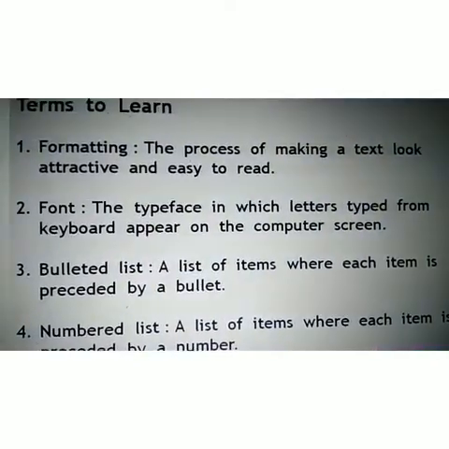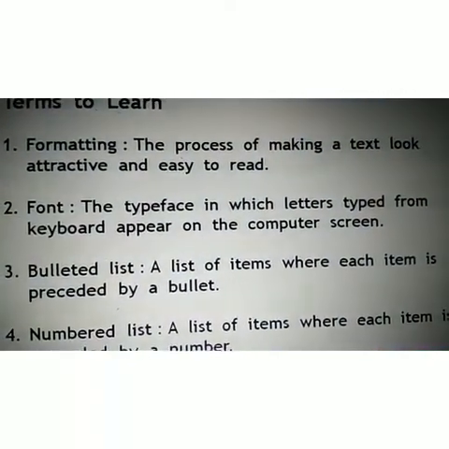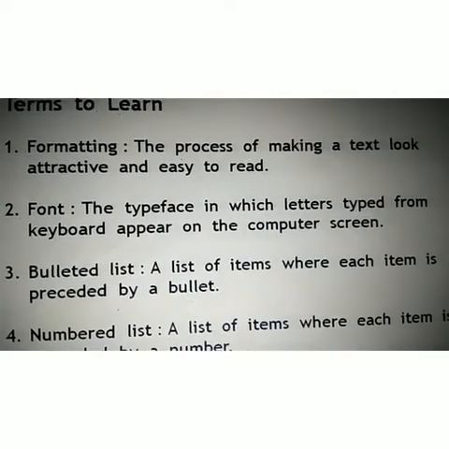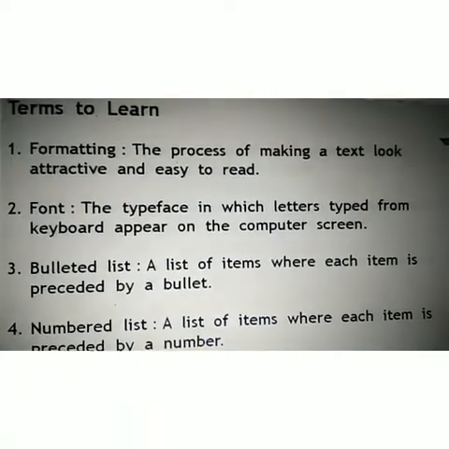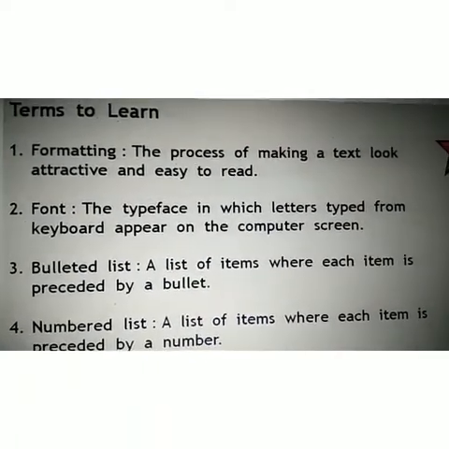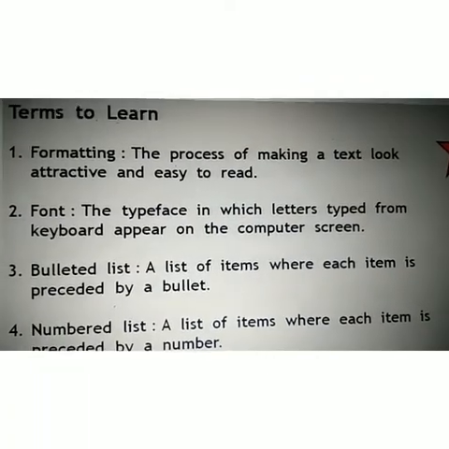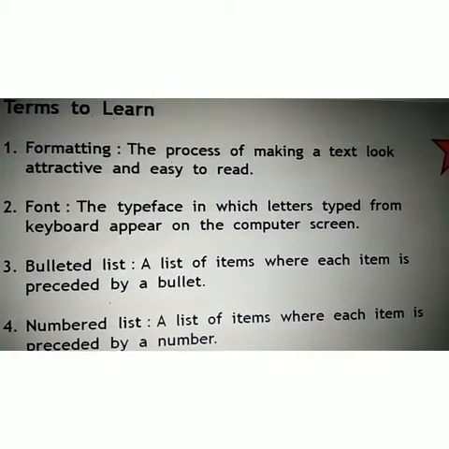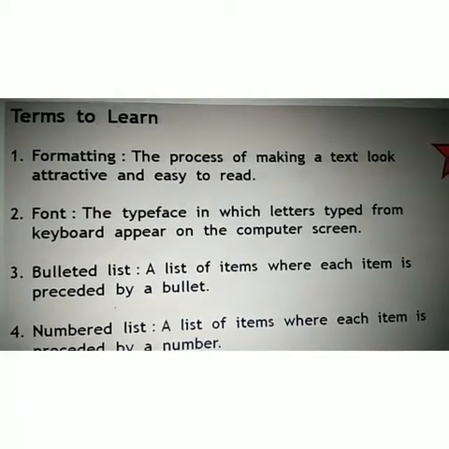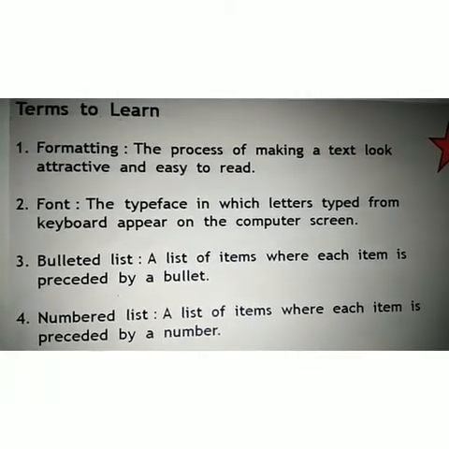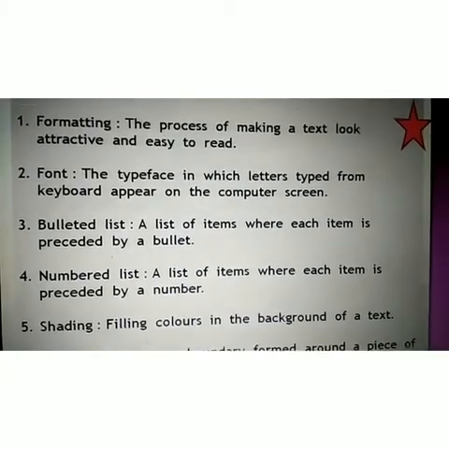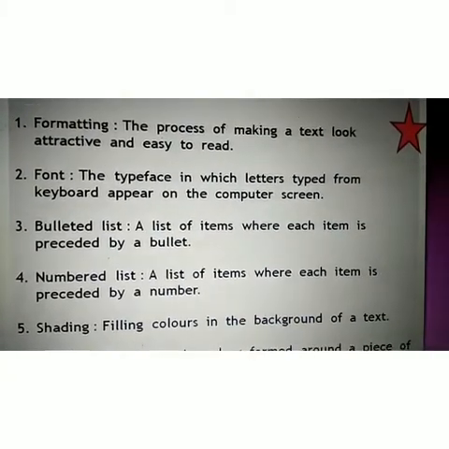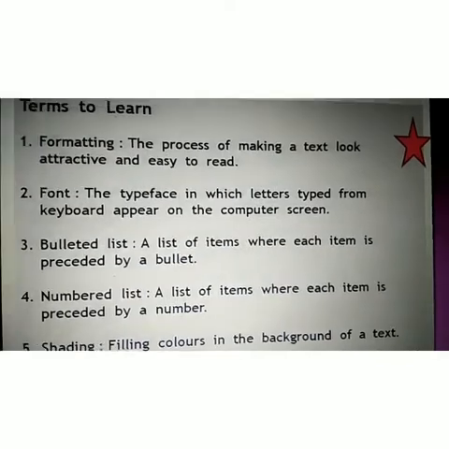So students, we can choose any font, letters, and we can choose any bulleted list, numbered list, and apply any formatting features to make text look attractive and easy to read. And we can also apply the feature of shading and border in MS Word.